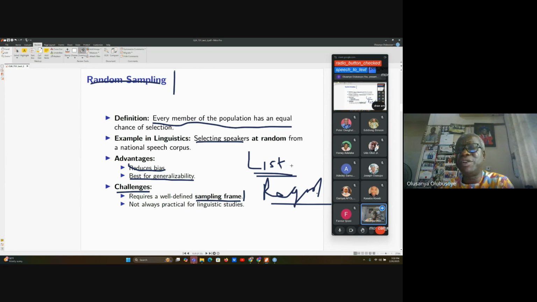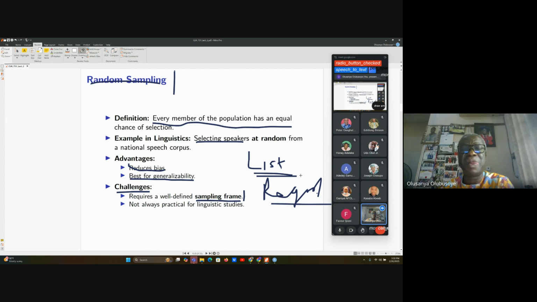And that list must be complete. In other words, no member of the population must be missing on that list. That list also must be up to date, which means that list should reflect the current, so every time the list must be updated, not stale or old, to the extent that some are not yet listed.